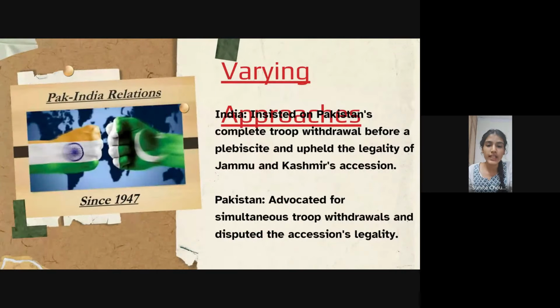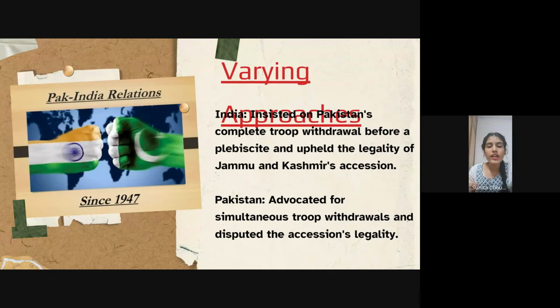But even after that, both the nations adopted different approaches, even though the three resolutions were provided by the United Nations Security Council. India insisted that first Pakistan needs to completely withdraw its troops from the disputed region, and then it said that it was okay with conducting a plebiscite.